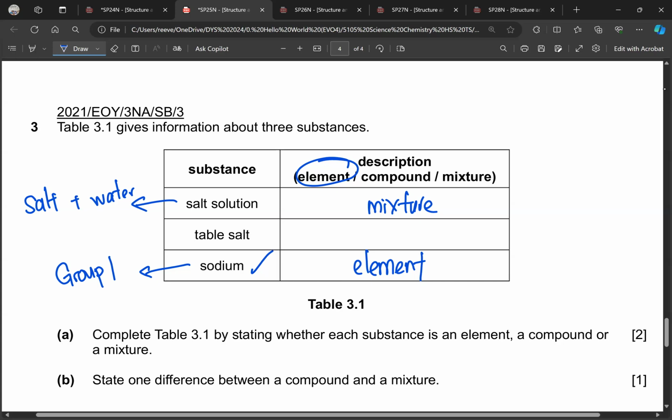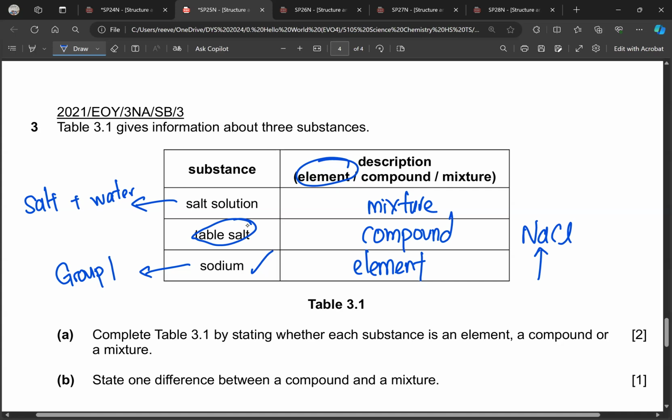Okay, this is the salt, like NaCl, the salt that you eat at home. This is a compound. Why? Because how do you separate it? You take out the sodium for me. Sodium is a metal. How do you take out the metal? This is the white salt you eat at home.